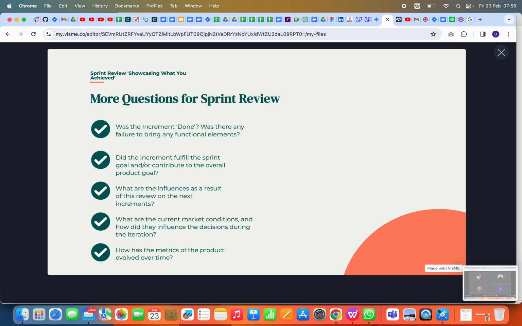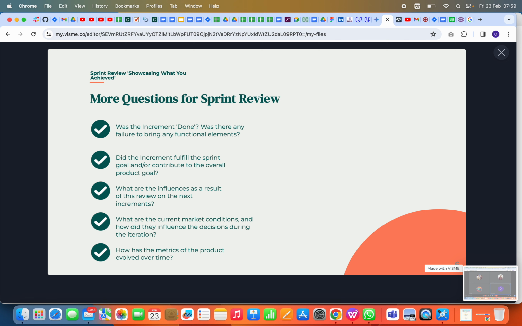Remember I said we have two goals, the product goal and the sprint goal. The product goal is the overall. The sprint goal, because sprints are in a shorter time frame, your sprint is also working towards achieving the product goal. So for that sprint, you have your sprint goal. Everything must be in sync with the product goal. So did this increment we have produced for sprint 1 fulfill the sprint goal or contribute to the overall product goal?